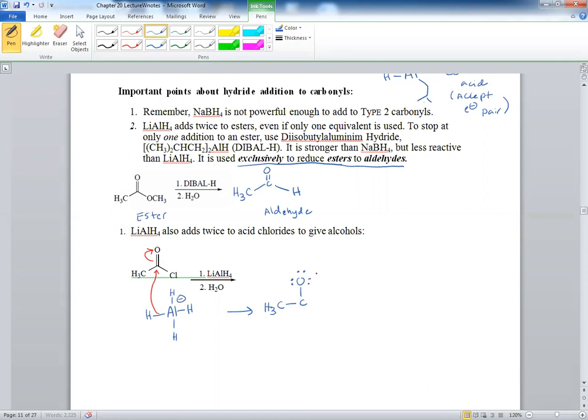Double bond, the pi bond breaks. And now we have Cl. And of course, we added an H. So we have a leaving group, just like in the ester as the alkoxide. So then these electrons are going to come down, kick the Cl out.